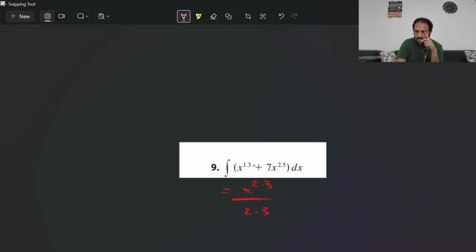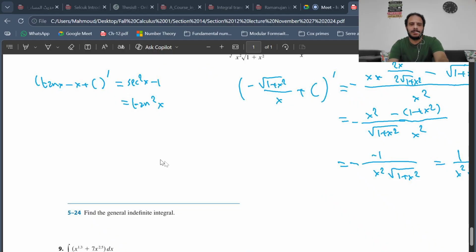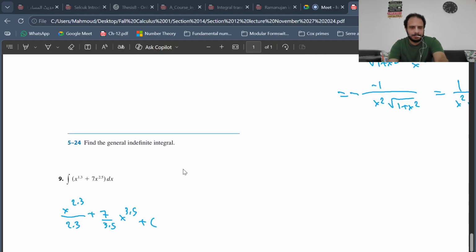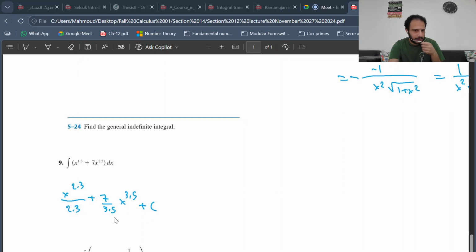Plus 7x to the power of 3.5 over 3.5, plus c, because this is the indefinite integral. Now 7 over 3.5 is 2 if you want to simplify as you like. But the idea here is that we are just integrating.